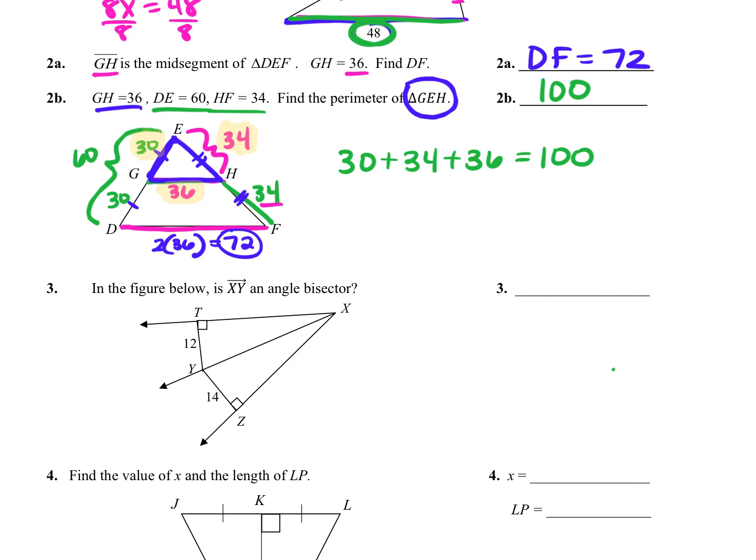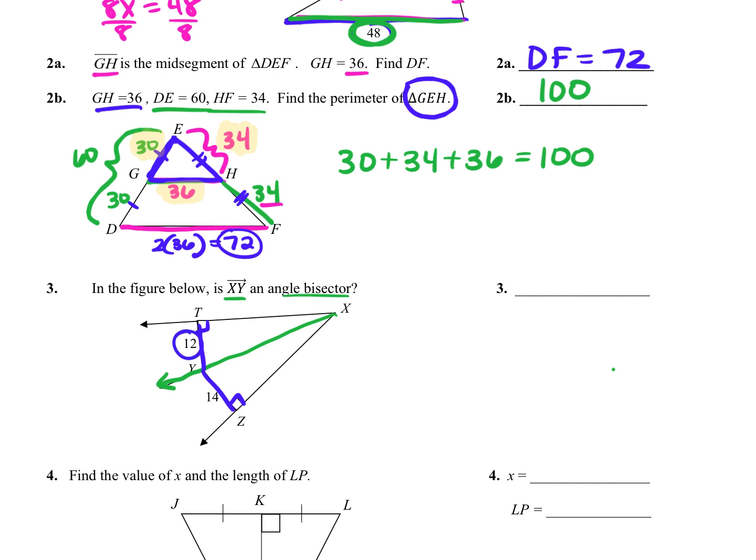All right, take a look at number 3. It says in the figure below is ray XY. Ray XY would be this guy. Is that an angle bisector? And remember we said in order for that to be an angle bisector, the distance to the other rays has to be the same, and distance is always perpendicular.